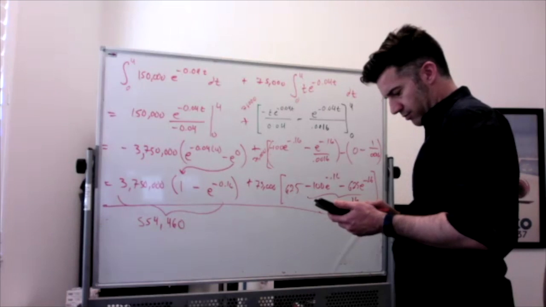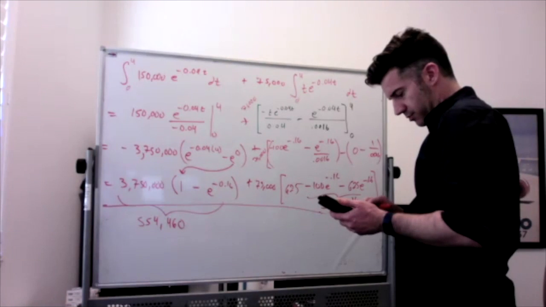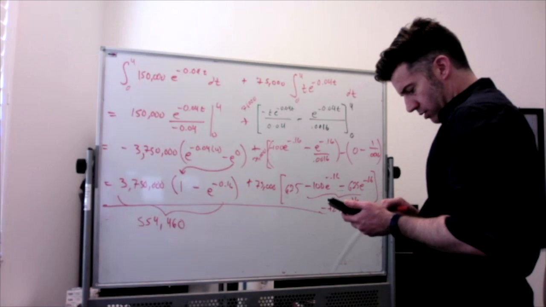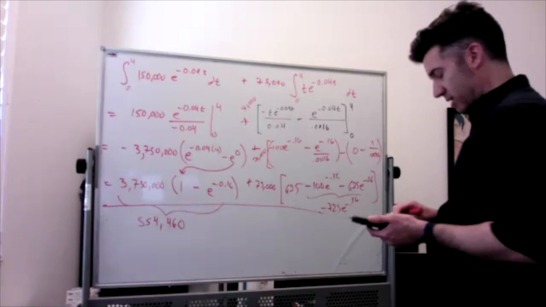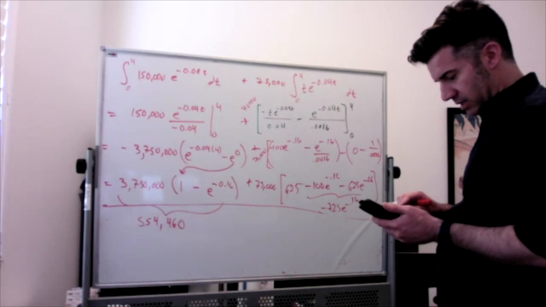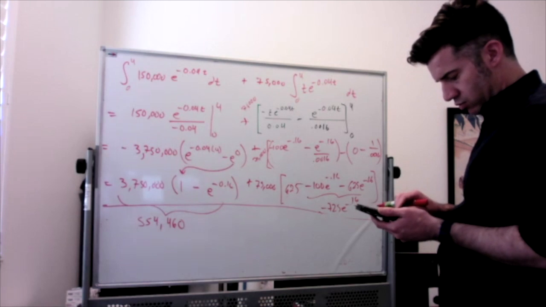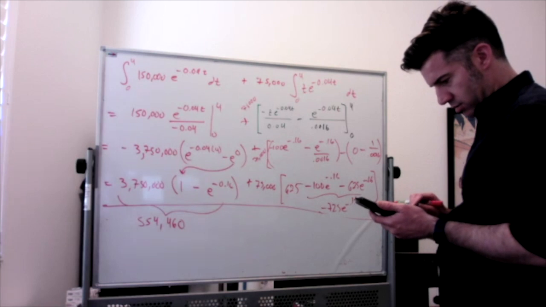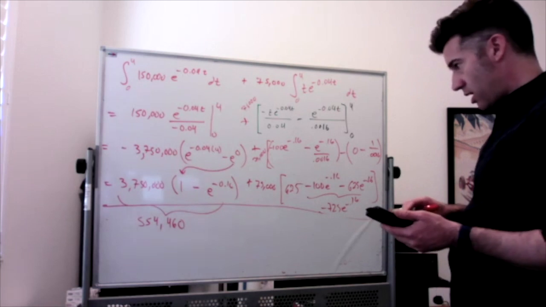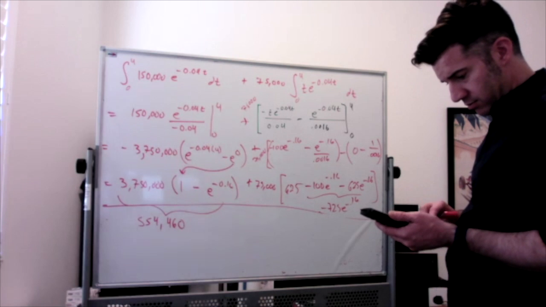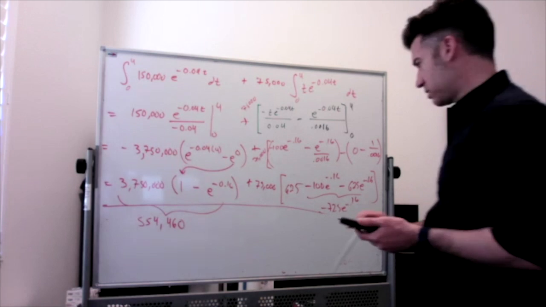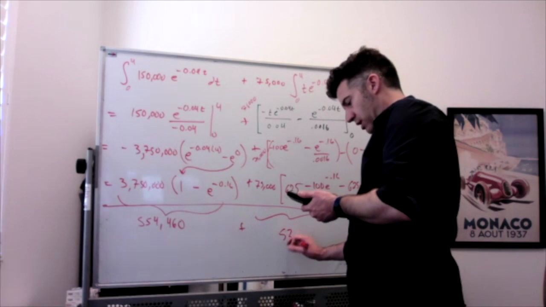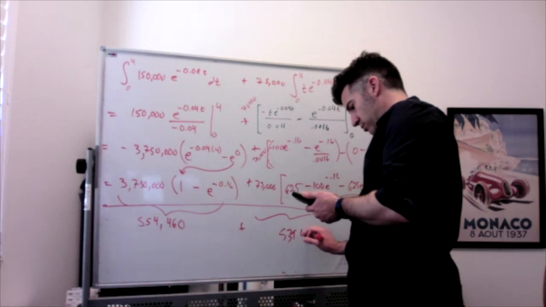So 725 times e to the -0.16, which is 617, and then 625 minus that is about 7.1, and then times 75,000 is approximately $539,681.